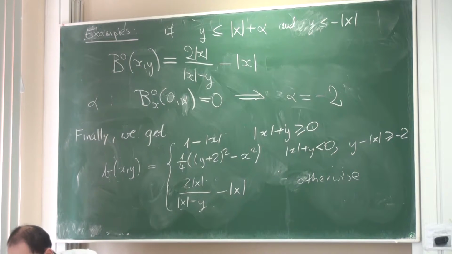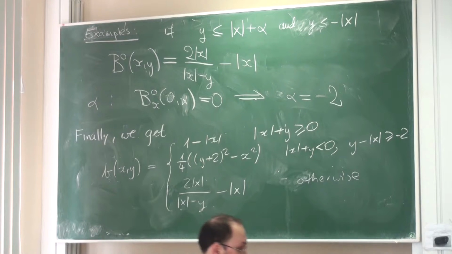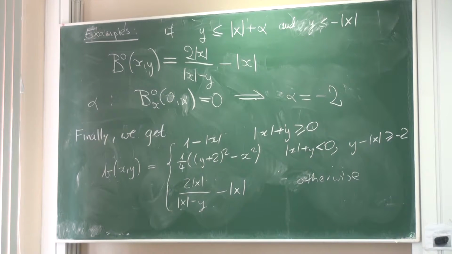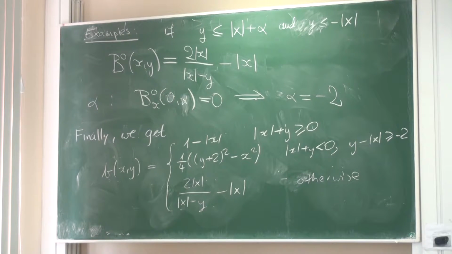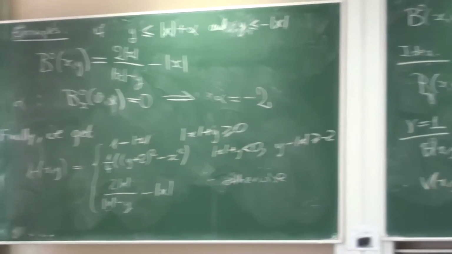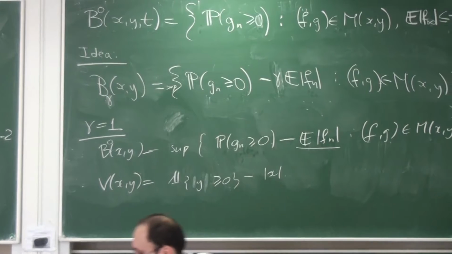So we have found this two-dimensional Bellman function. After this homogeneity argument, we also obtain it with some arbitrary constant.